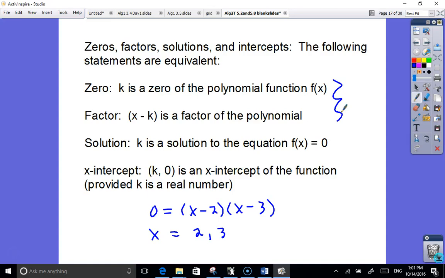Or, another way you could say it: if it's the 0 of the function, then it's the x-intercept. And the x-intercept is a point, right? So it's k comma 0.